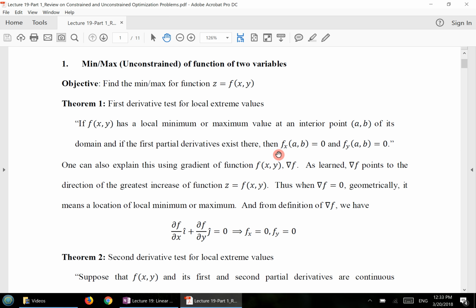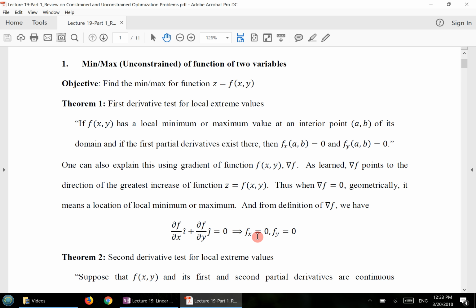So as you can imagine, if you are at the minimum or maximum location of a function, guess what? The gradient of the function must be 0, right? That's essentially the idea for the so-called first derivative test, in comparison with the function of 1 variable. You set the gradient to be 0 and find a solution.